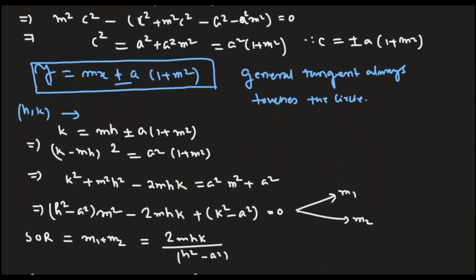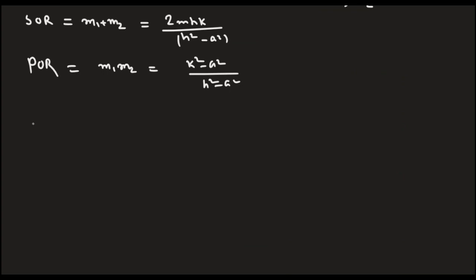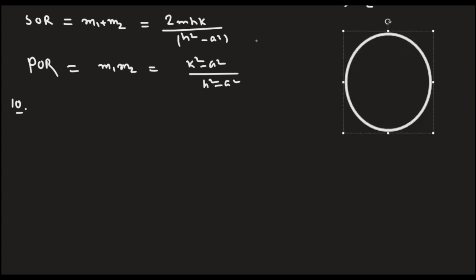So come to point number 10. What will happen if the product of the slopes is a given value? First of all, try to understand what we actually want to do here. This is a circle, and for a given finite value of m you have two tangents.